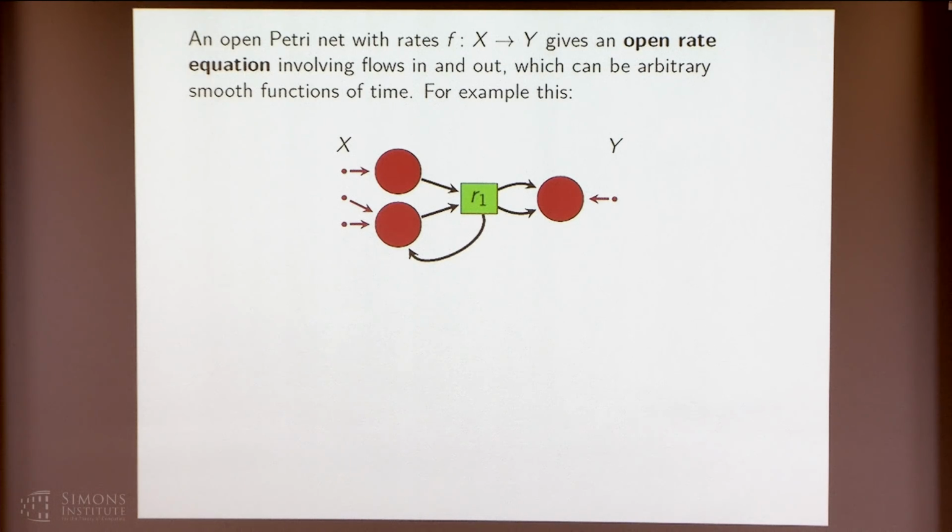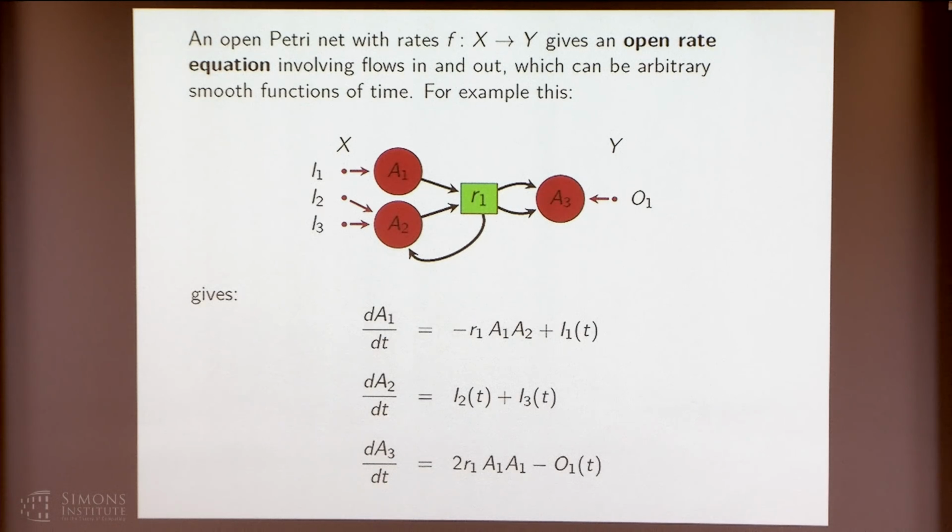So as I said, you get a rate equation from a Petri net. Well, an open Petri net will give something that I'll call an open rate equation, which has some extra terms describing flows in and out of the various things corresponding to the various places here. So if I had this one here, I would get this equation.